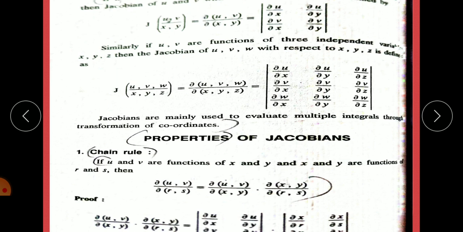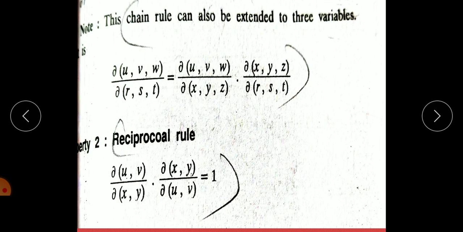It looks like a chain. For that we have the formula: dou (u, v) divided by dou (r, s) equals dou (u, v) divided by dou (x, y) into dou (x, y) divided by dou (r, s).